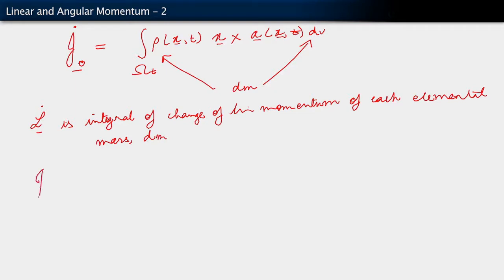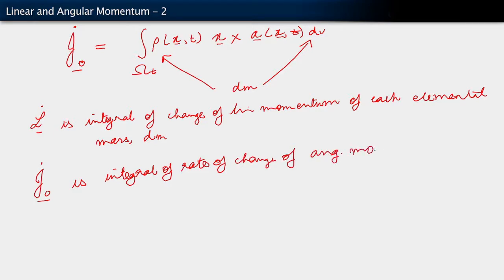And likewise J naught dot is the integral of the rate of change of angular momentum of each dm. I've essentially written out in words what those integrals are, but hopefully it gives us a little more physical insight.